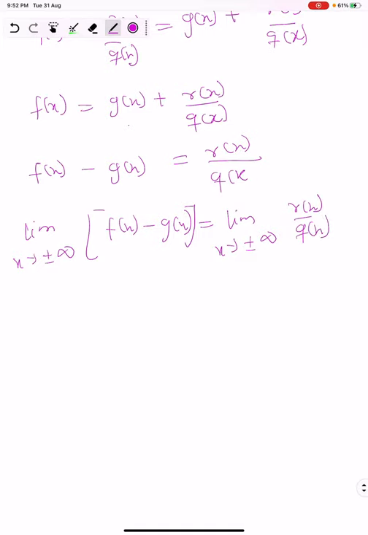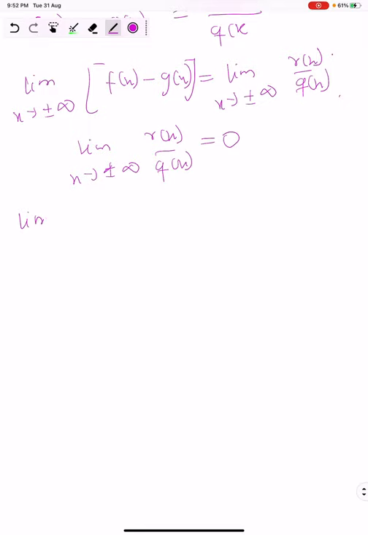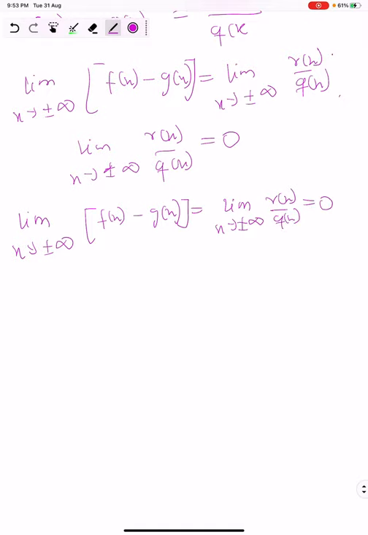Now, since the degree of r of x is less than the degree of q of x, the limit of r of x over q of x is equal to 0. That implies that the limit as x approaches positive and negative infinity of f of x minus g of x is equal to 0.